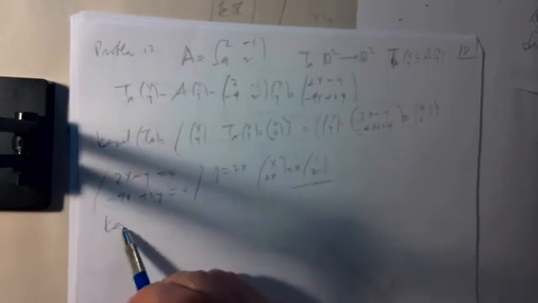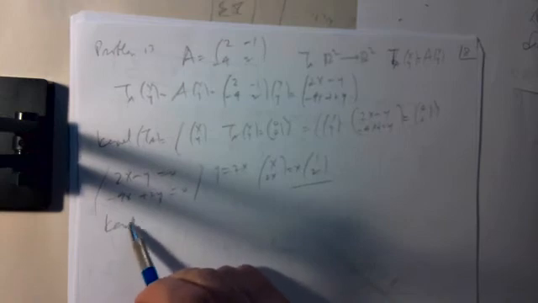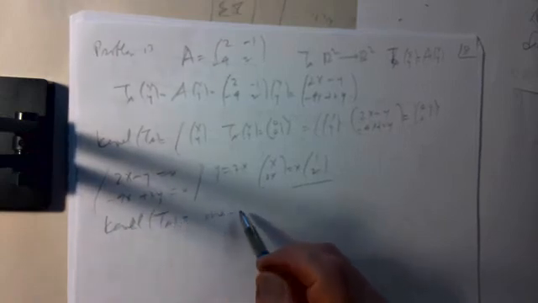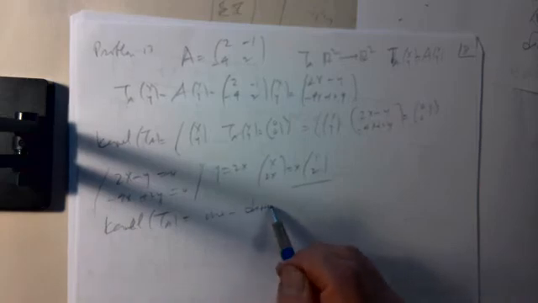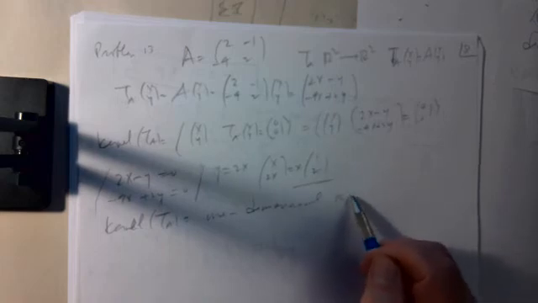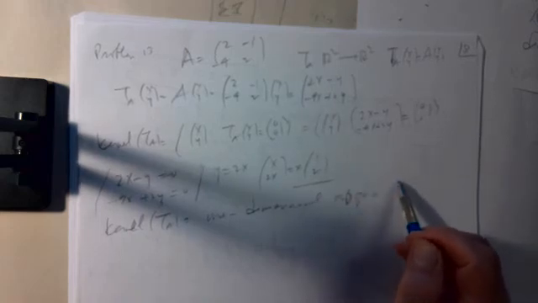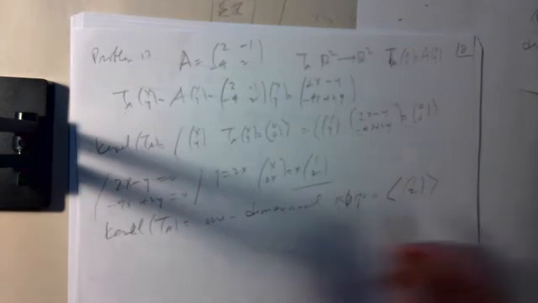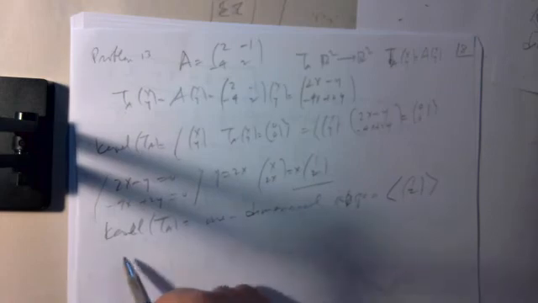So the kernel of this linear transformation is the one-dimensional subspace spanned by the vector 1, 2. So that's the kernel. Well, this is the subspace.